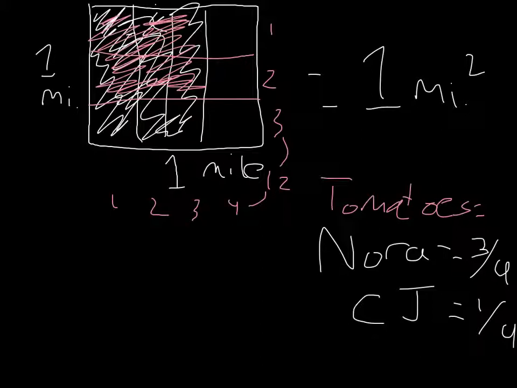Now, how many are colored in red? So we have 1 and 2. We have 2 squares by the 3 squares up there, and 2 times 3 is 6. So that means there's 6 out of the 12 squares, and then that is equal to 1/2. So she plants tomatoes on 1/2.